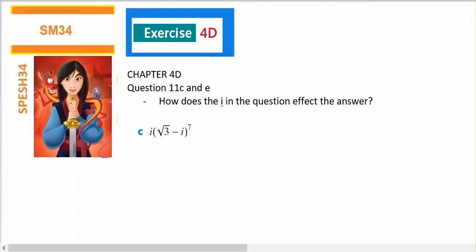Well, it has a profound impact because if you multiply r cis theta with i, then you swap the component.